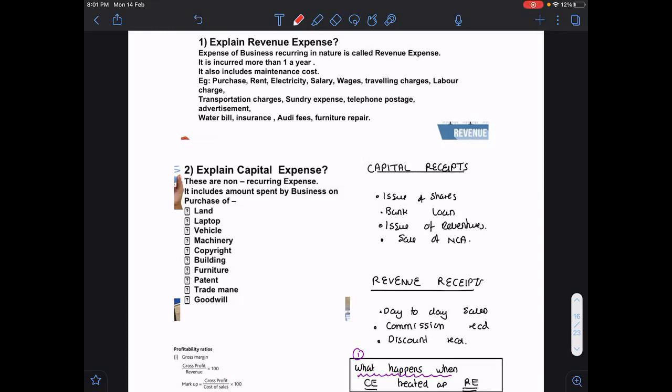What happens when capital expenditure is treated as revenue expenditure?